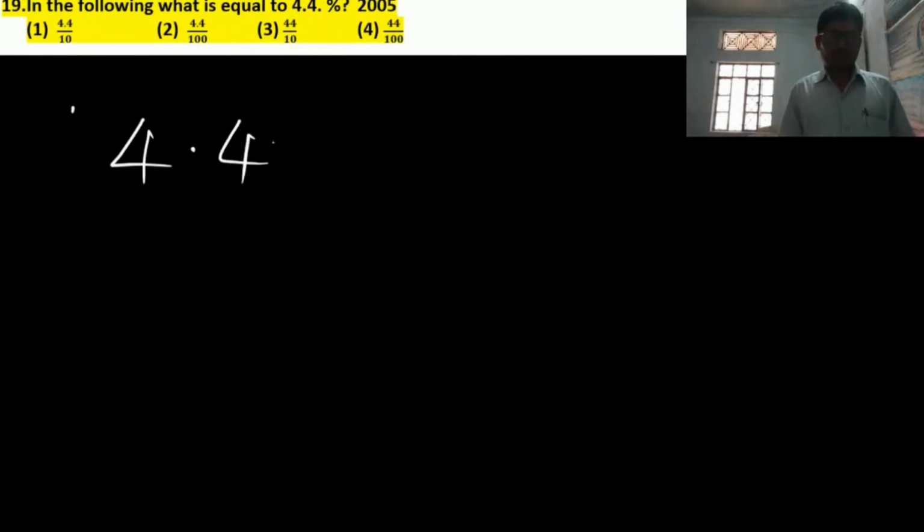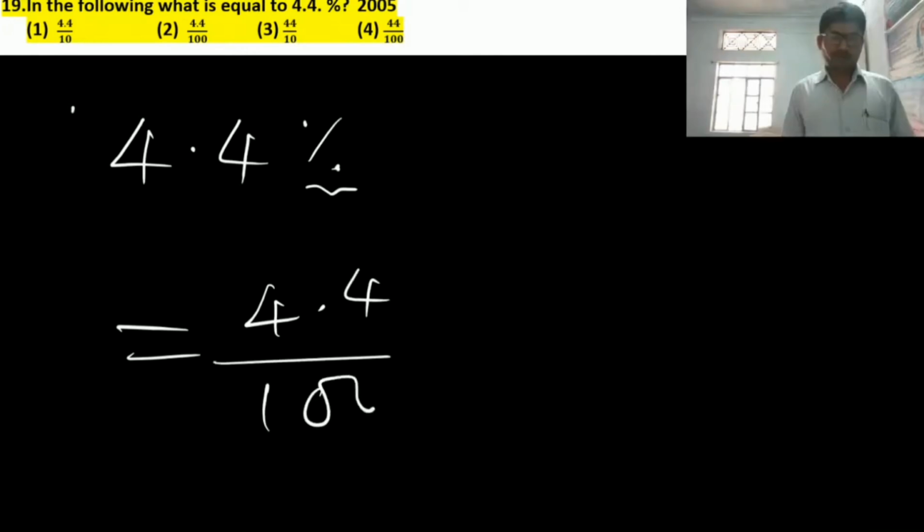To delete this percentage sign, we divide by 100. So we have to observe the options. 4.4 by 100. Option 2.